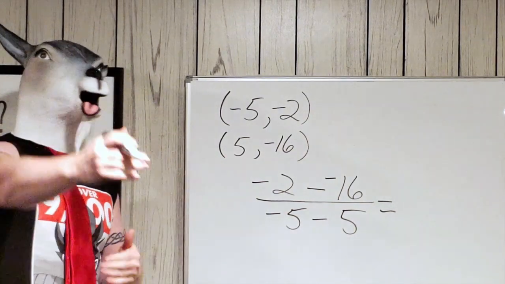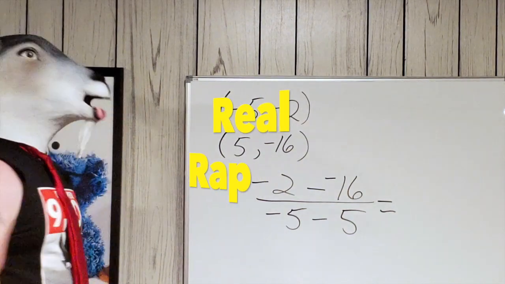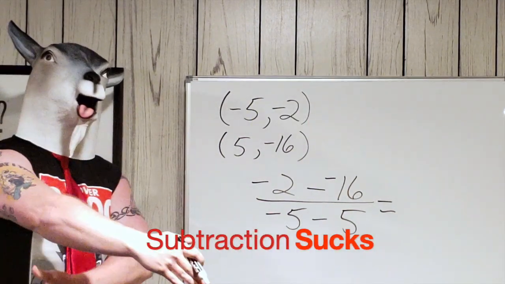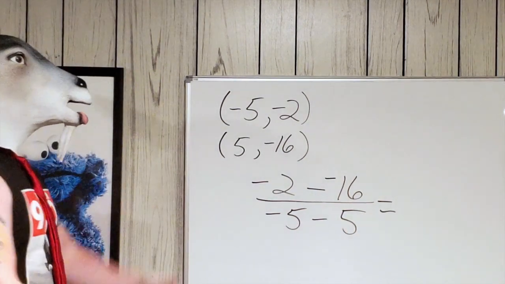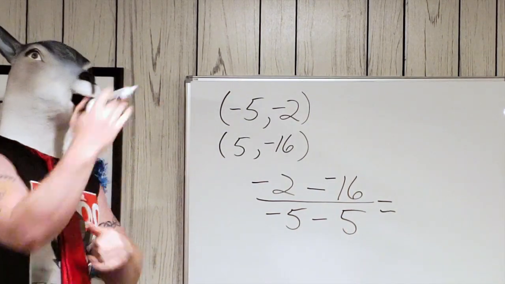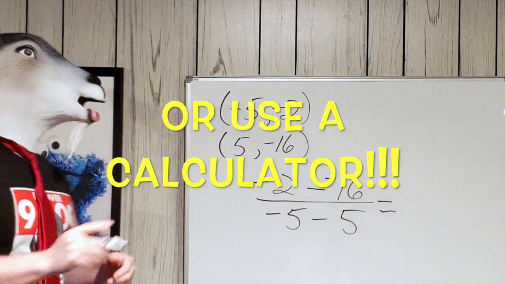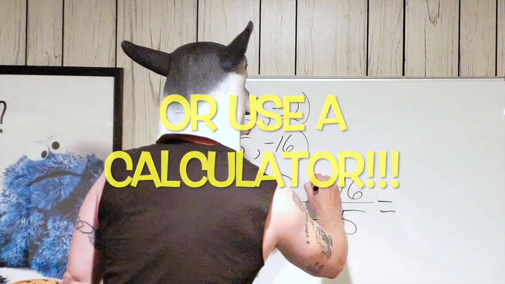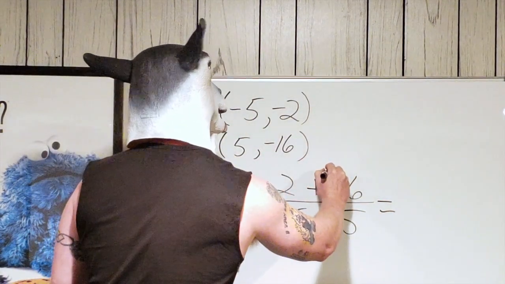Look, I'm going to be straight with you. I ain't like dealing with subtraction. Subtraction sucks. Addition's a lot easier. So what we can do is change them to addition, but we just got to switch the sign of the second number. Just watch me. So we make this plus, and we change that sign too, so that becomes plus.